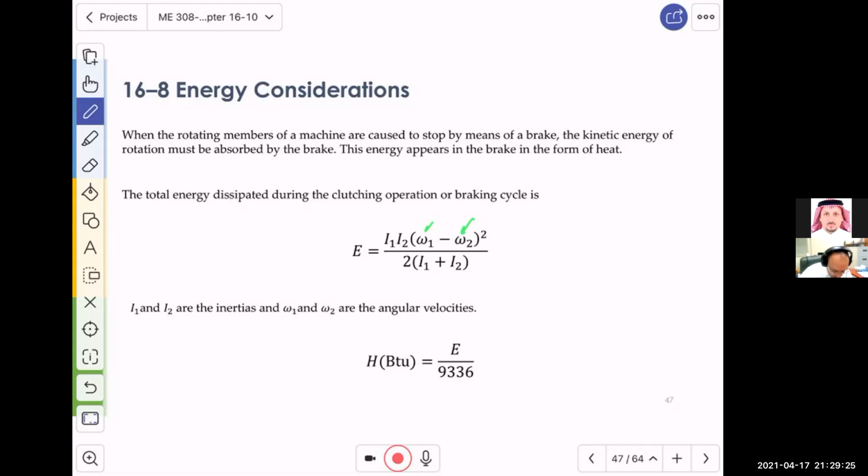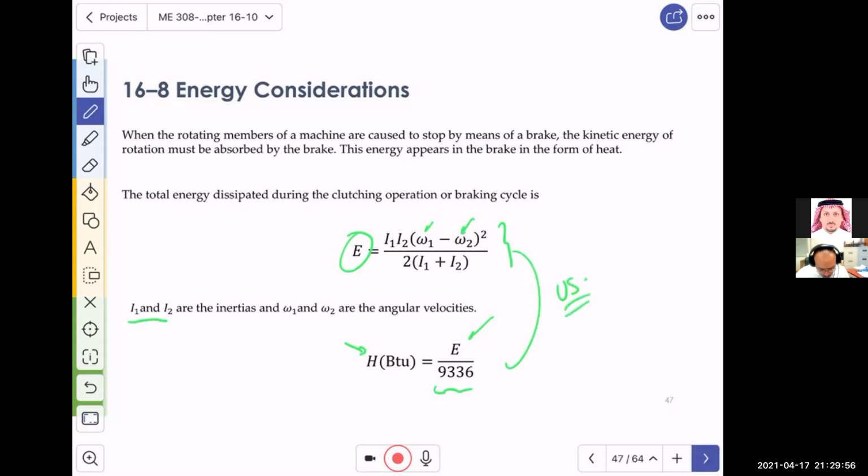This is if you use US customary units. Then in order to convert that energy into heat in BTU, you need to divide this energy by 9,336.